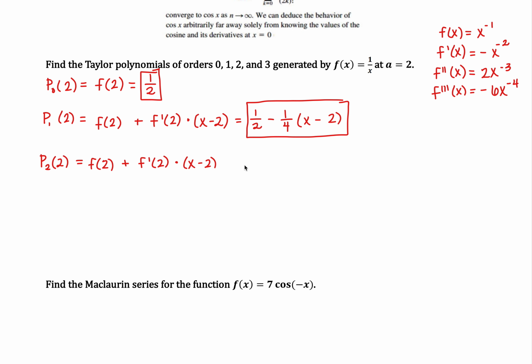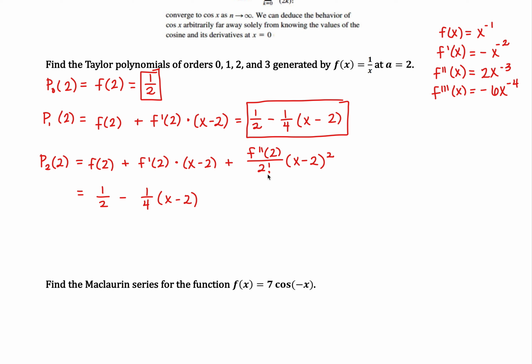And then this one's going to add one more term. It's going to now have the second derivative evaluated at 2 over 2 factorial times x minus 2 squared. So the first 2 terms are going to equal 1/2 minus 1/4 times x minus 2.